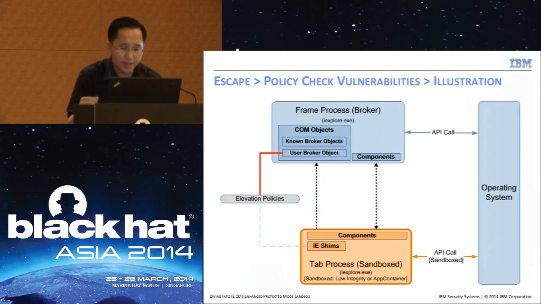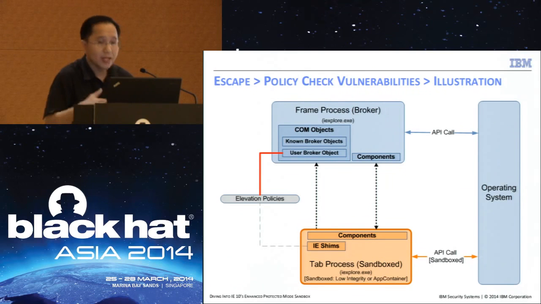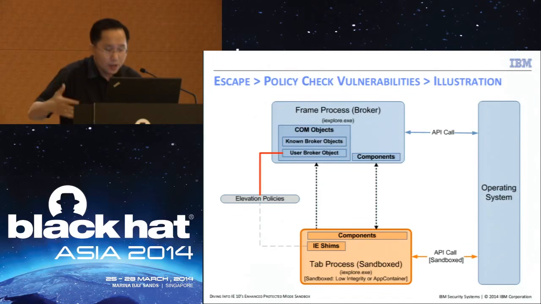So to illustrate, policy check vulnerabilities involve weaknesses that will cause the policy checks to return an incorrect result. There are no problems with the elevation policies. It is how resource names or commands are evaluated against those elevation policies where the weaknesses are.